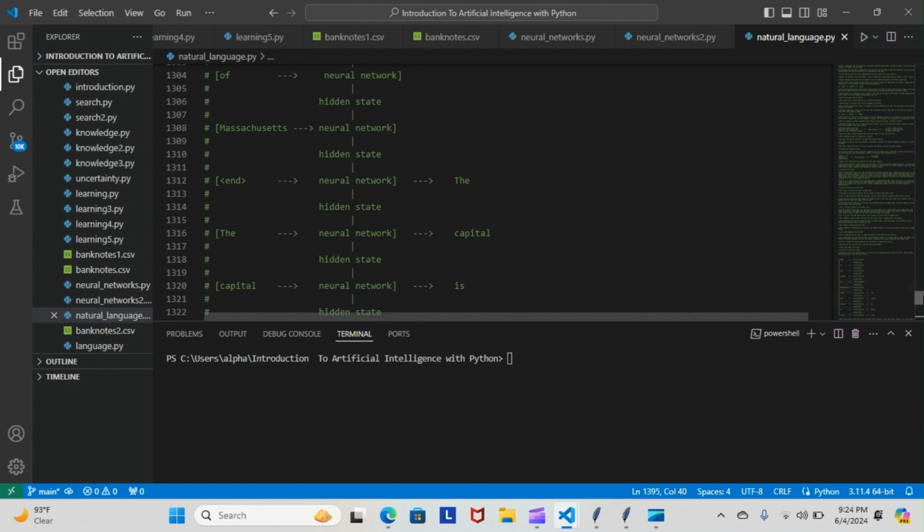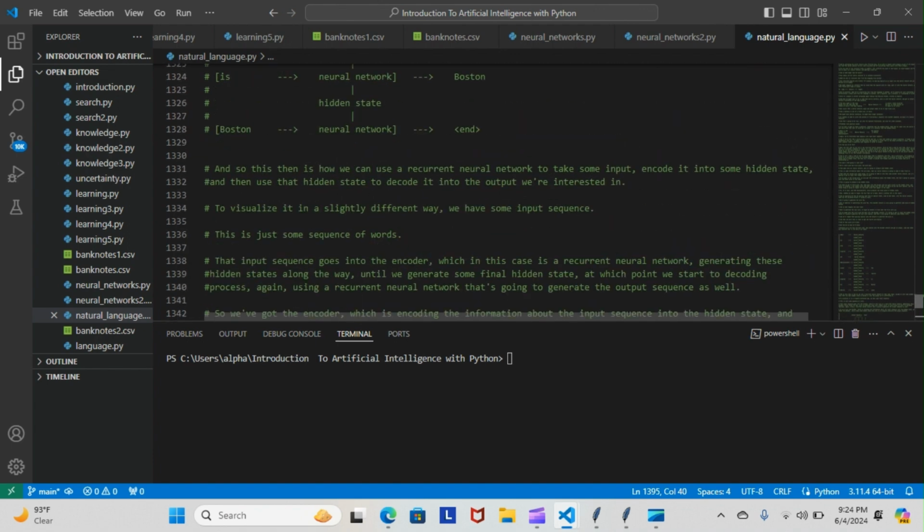Tonight we're going to look at a different aspect of that, but let's pick up with some light reading. This is how we can use a recurrent neural network to take some input, encode it into some hidden state, and then use that hidden state to decode it into the output we're interested in. To visualize it in a slightly different way, we have some input sequence, which is some sequence of words.